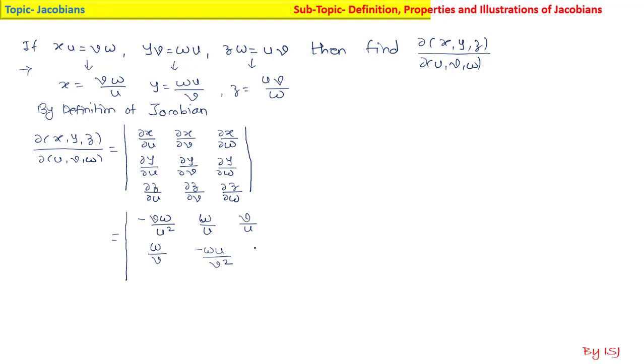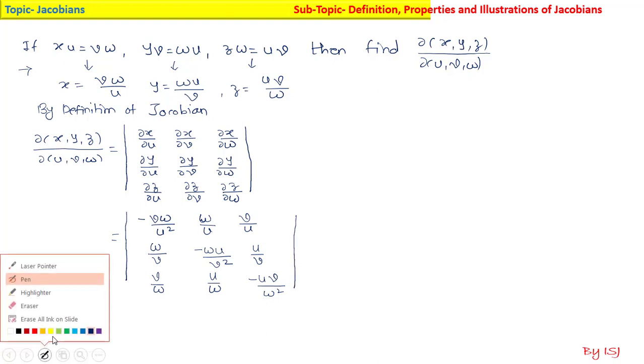Delta Y by delta W is U upon V. Then delta Z by delta U is V upon W. Delta Z by delta V is U upon W, and last delta Z by delta W is minus UV upon W square. So we have substituted the values of the derivatives.